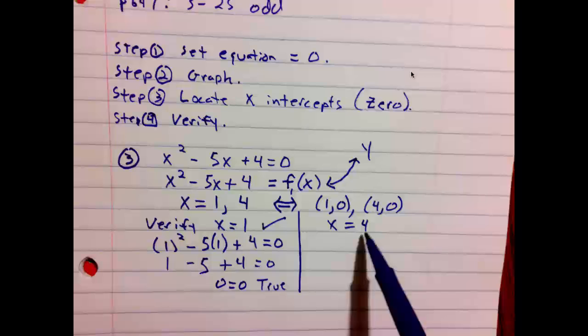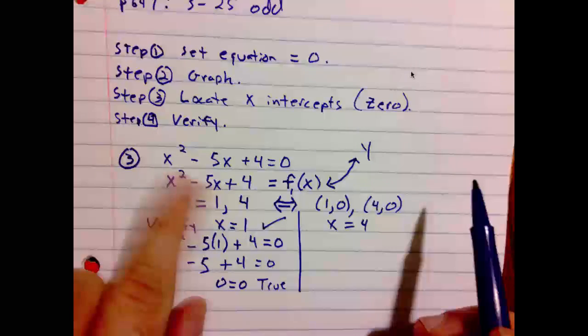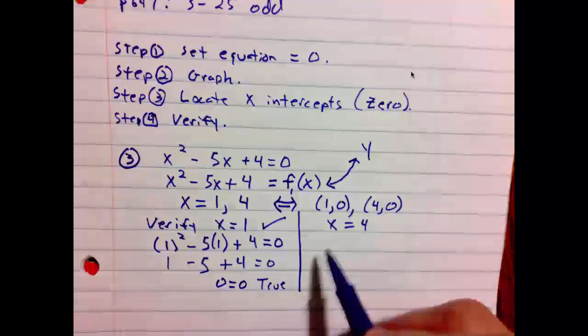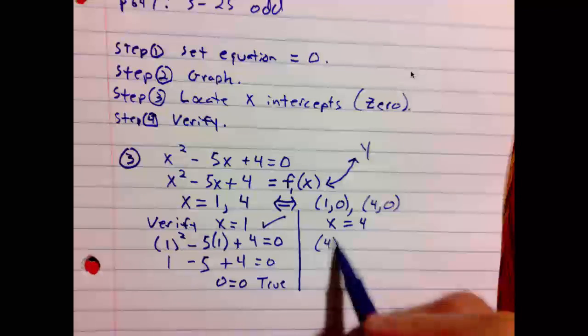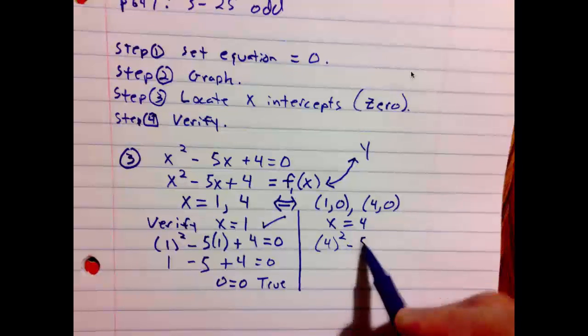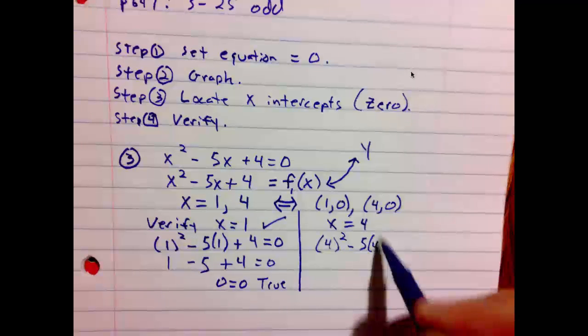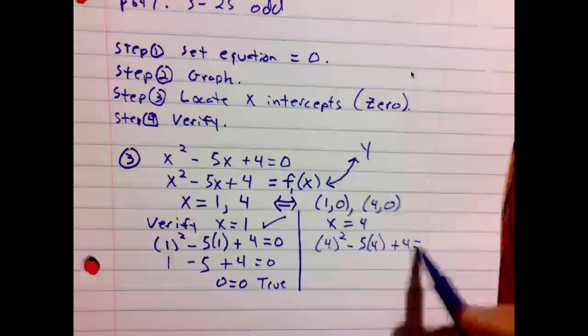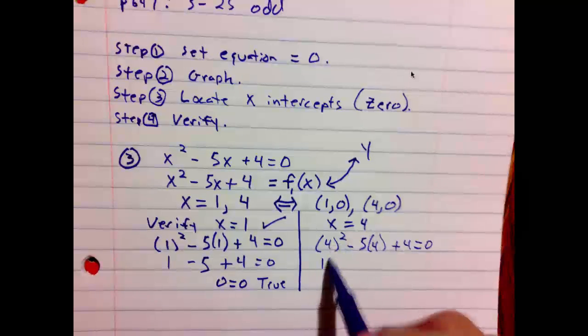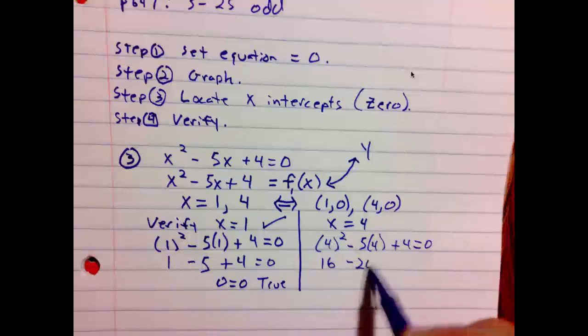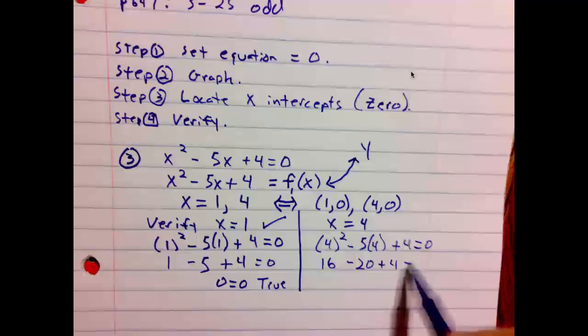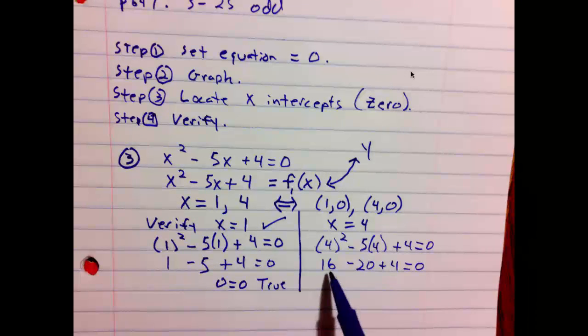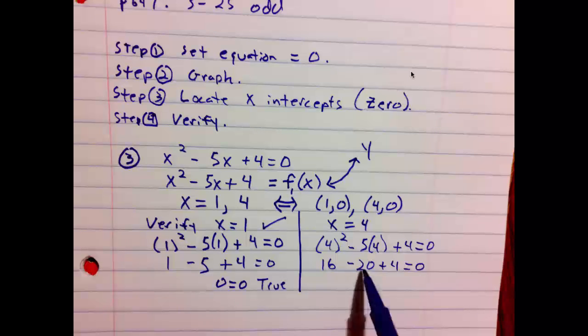Now I'm going to show 4. Substituting 4 in place of x in my original equation. 4 quantity squared minus 5 times 4 plus 4. Is that equal to 0? 4 squared is 16. 5 times 4 is 20 plus 4. 16 minus 20 is a negative 4 plus 4.